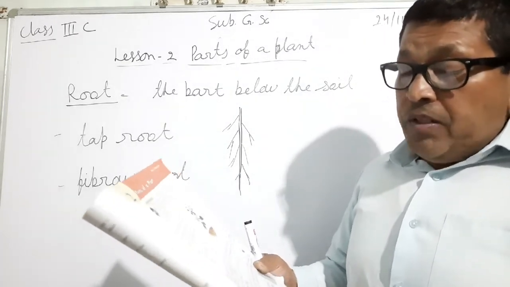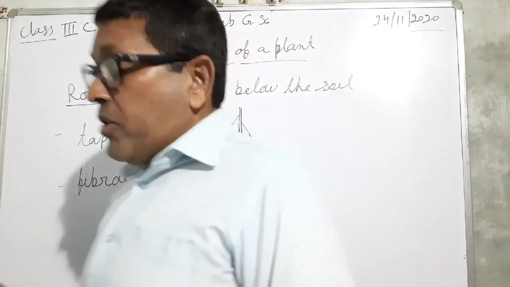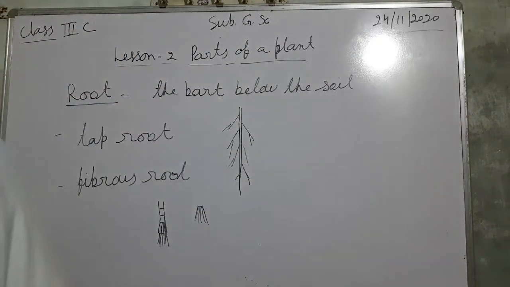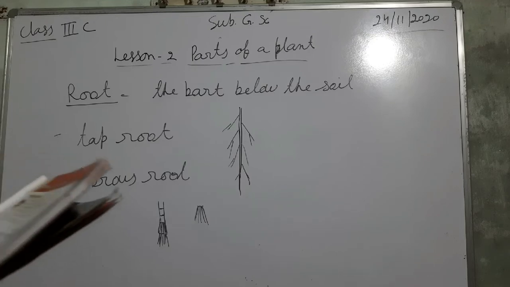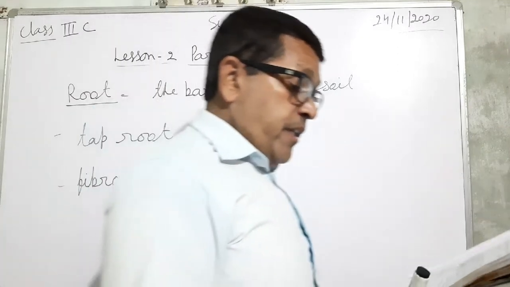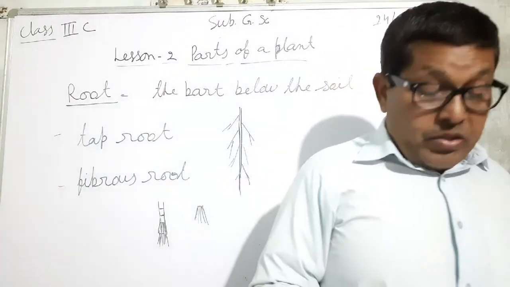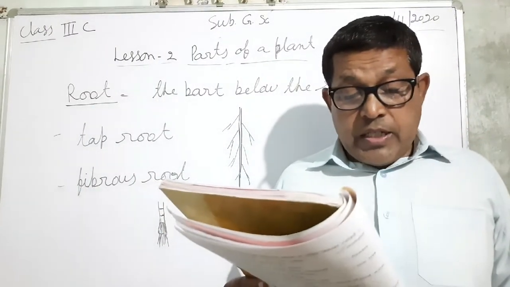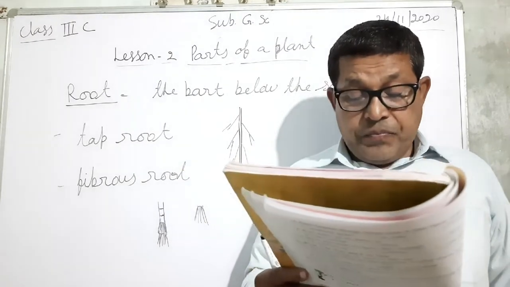Now next, fibrous root. Second one, fibrous root. A fibrous root has many thin and bushy roots growing at the base of the stem.